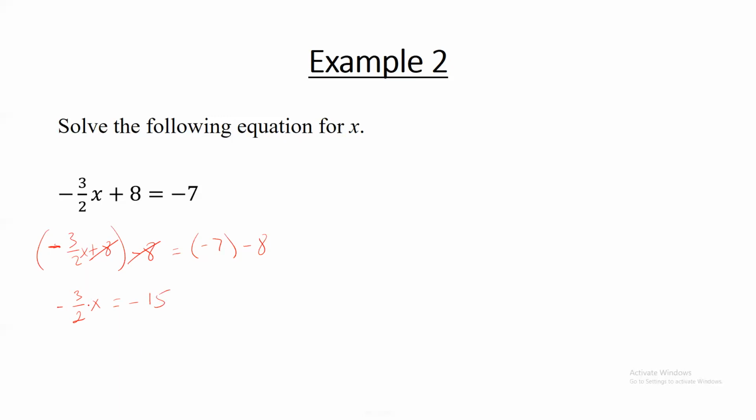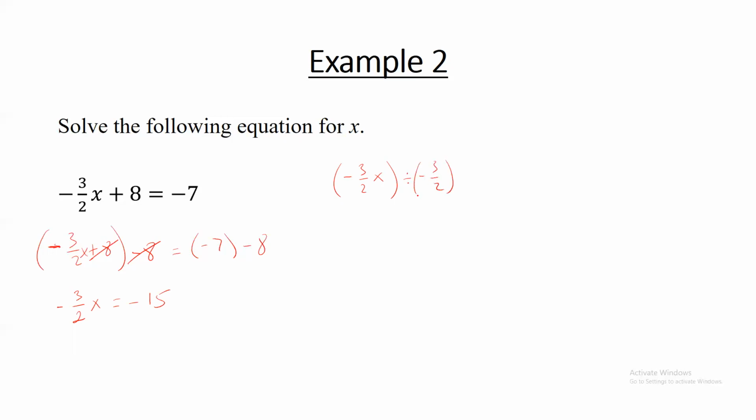And now we have to undo the multiplication by this fraction, negative 3/2. I'll continue that over here. Negative 3/2x, right? So we want to divide by negative 3/2.